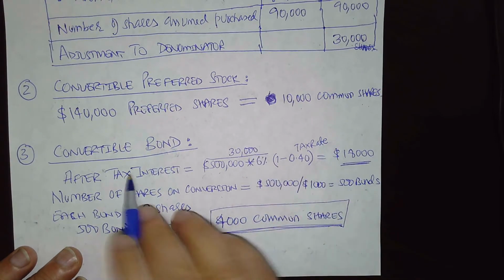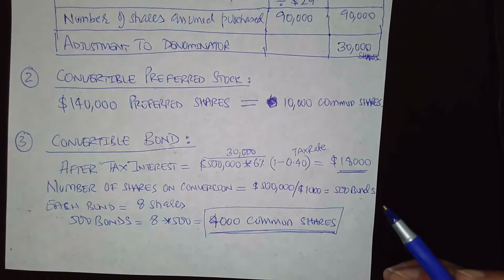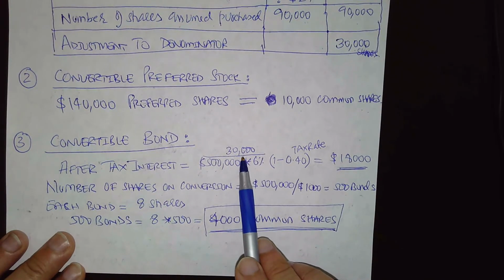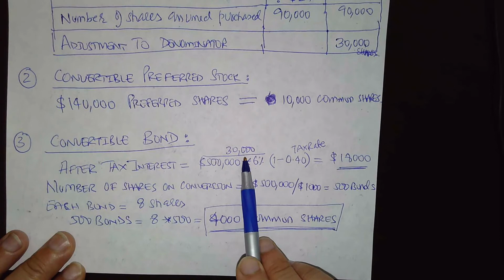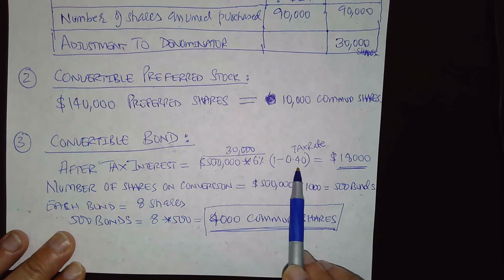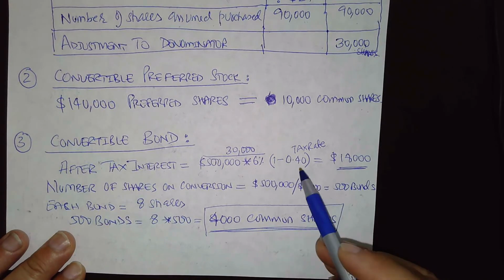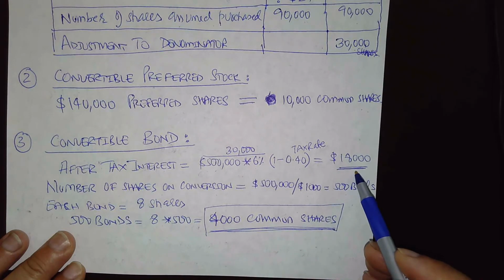But if you have converted these bonds into shares, then you do not have to pay. So if you pay $30,000, you have a tax saving. So interest is an expense. It reduces your income before tax. So that 40% tax would have saved you $18,000.